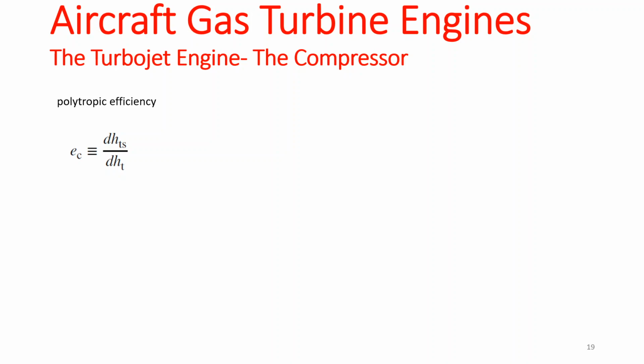The difference is this derivative. In the previous definition, we take the difference between the inlet and the outlet. But here, we are focusing on the small changes happening inside a compressor. This is also called the small stage efficiency.